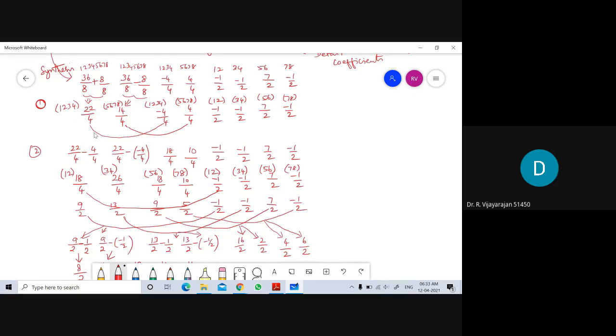By going for summation and difference, we can get back the approximate coefficients. So once again go for 22 by 4 minus 4 by 4. This is summation. Difference is 22 by 4 minus of minus 4 by 4.